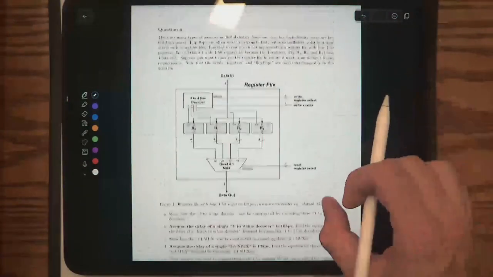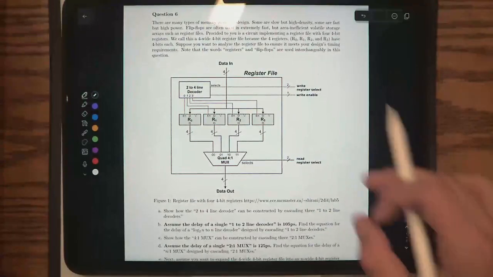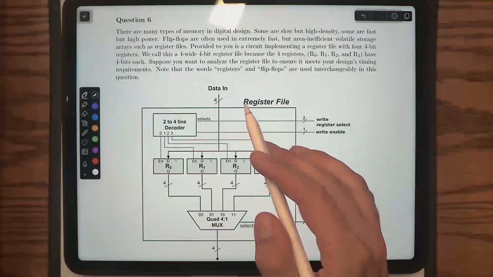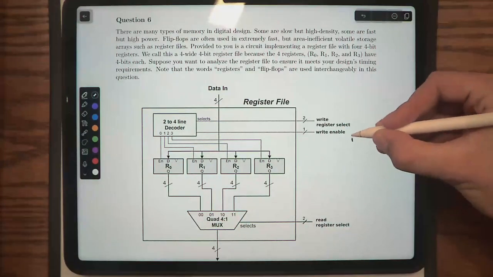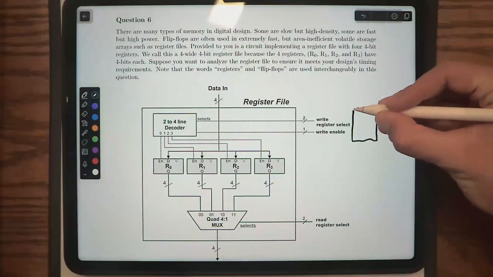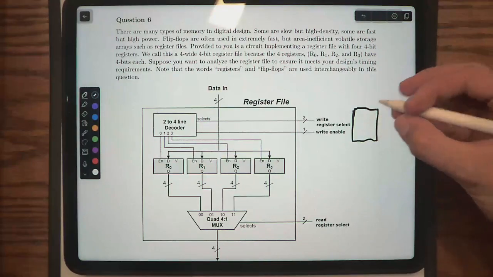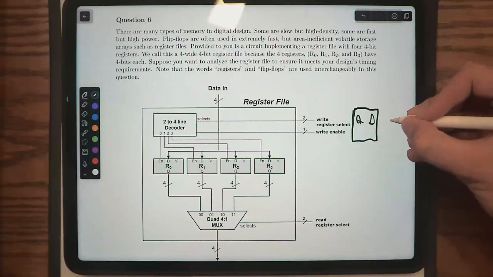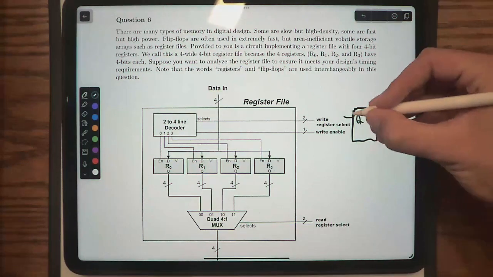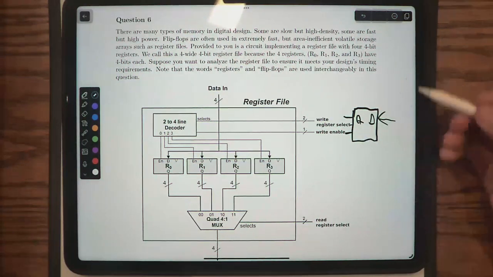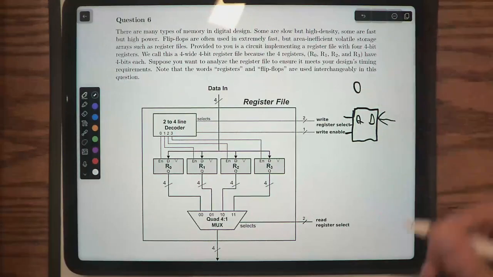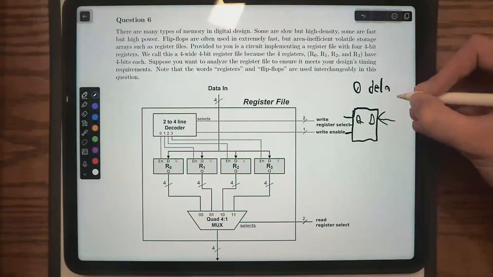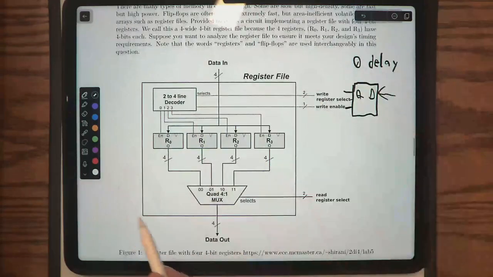Okay. Yes, so register file question. In this question, we assume that all of these inputs are coming out of magical flip-flops, which have 0 delay. So it comes out into all these three, and these have 0 clock to Q, 0 setup time, 0 delay.